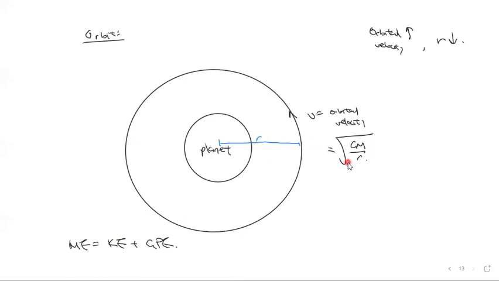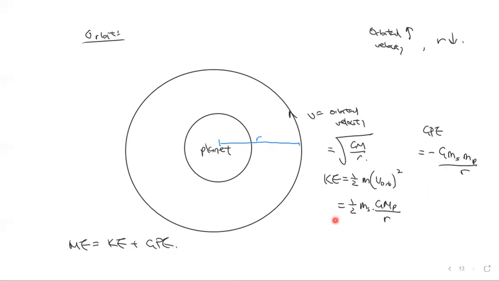So the kinetic energy, of course, is going to be half m times v orbital squared, which is going to be half times the mass of the satellite, to be clear, times G mass of the planet over r. Now, this satellite also has a gravitational potential energy, which we've already said earlier is negative. It's negative GMm over r, so it's mass of the satellite times mass of the planet over r.